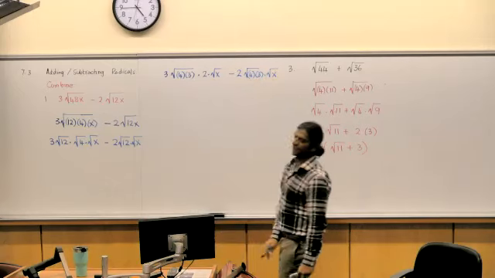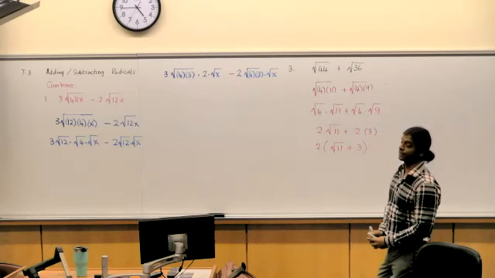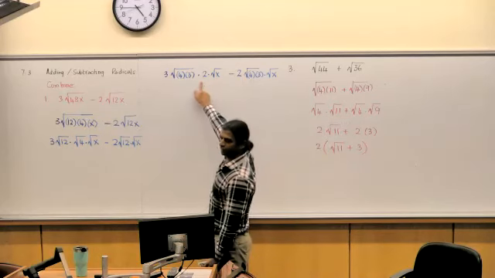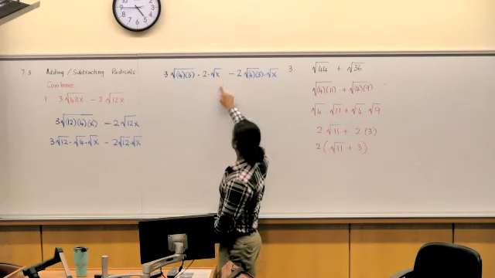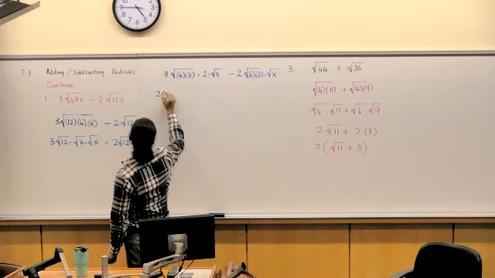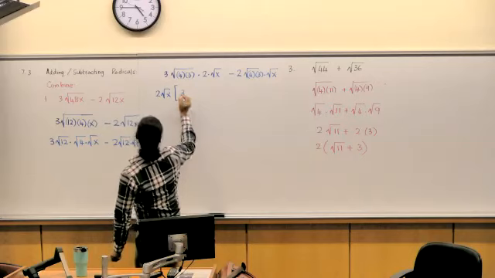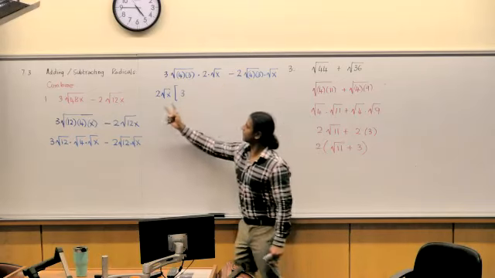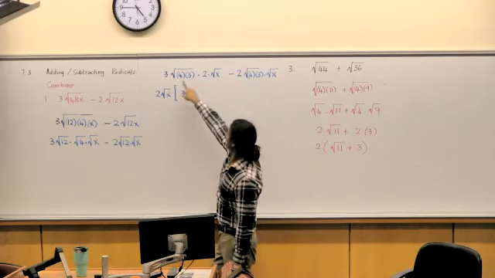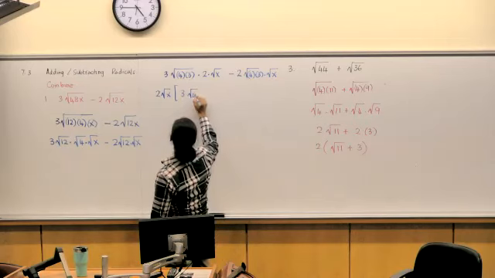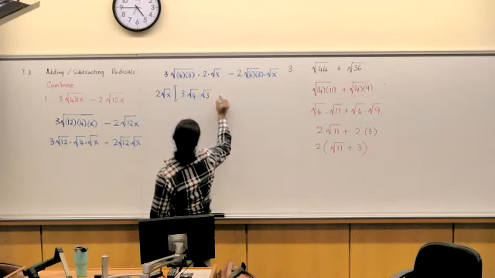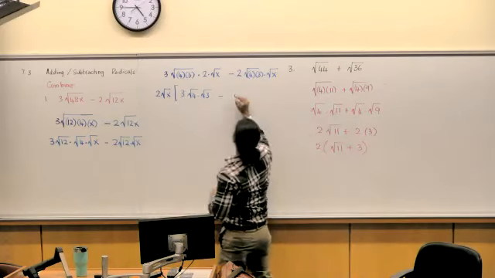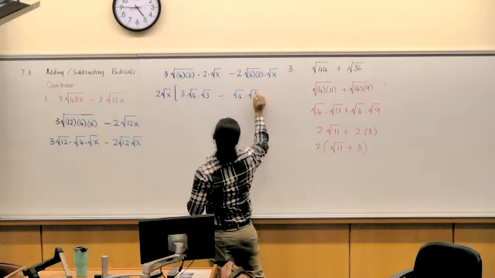I'm going to write that 12 as square root of 4 times 3. What do we have in common? We have a 2 root x in both terms. If I take 2 times root x out, I will have 3 times square root of 4 times square root of 3, minus, since I took 2 times root x out, square root of 4 times square root of 3.